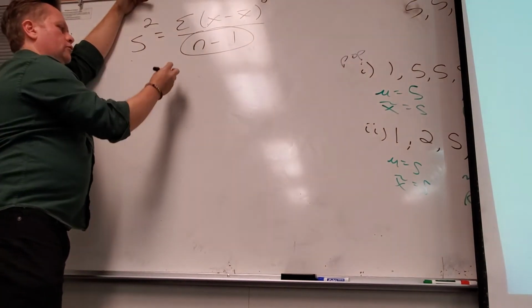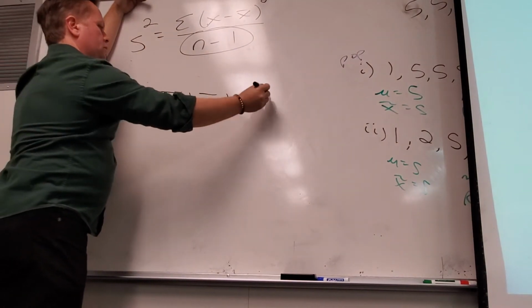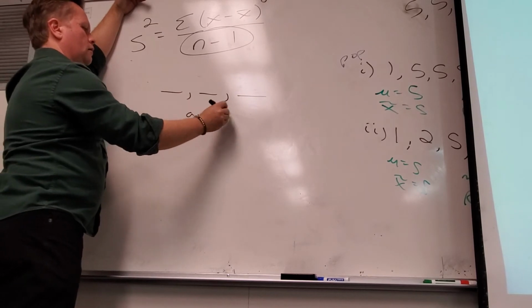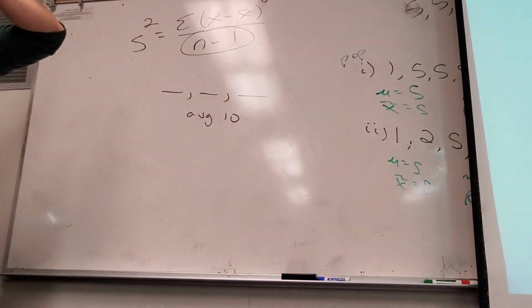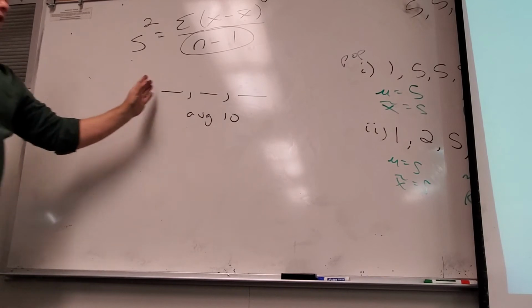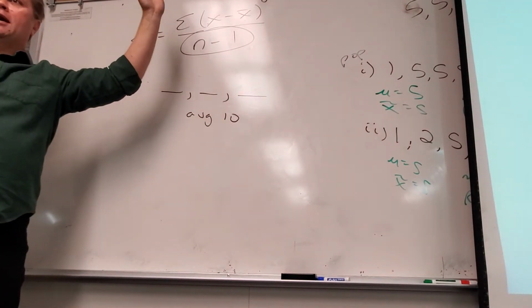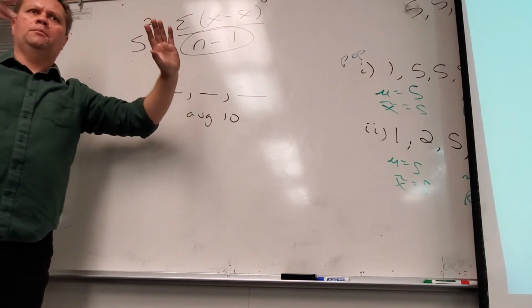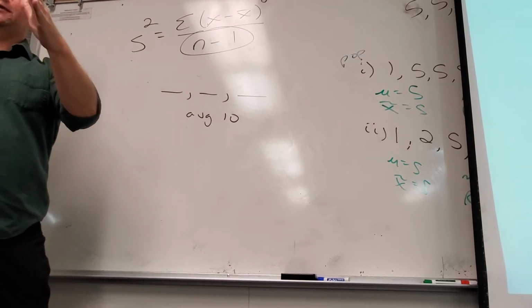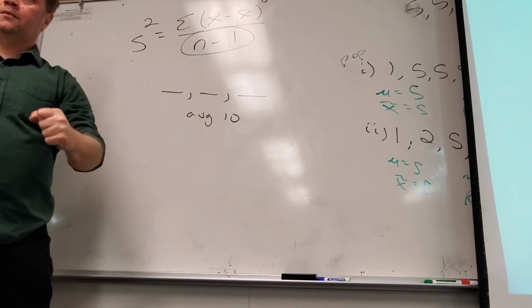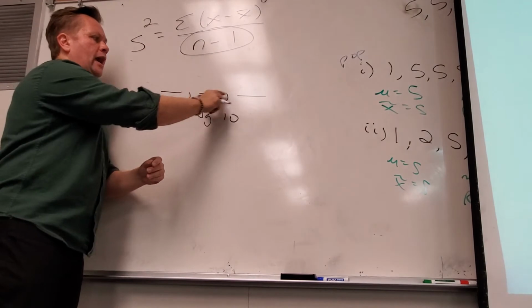So remember the thing about if I have 3 numbers that average to be 10? We did this before. How many of them can I just totally make up and not even care? But then when do I have to start getting serious to make the average come out to be 10?